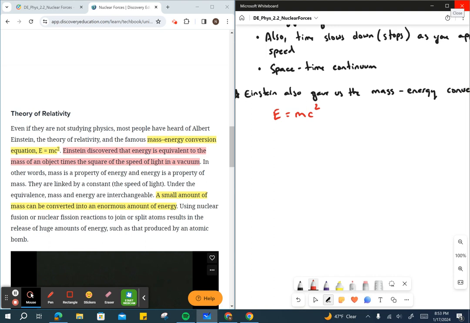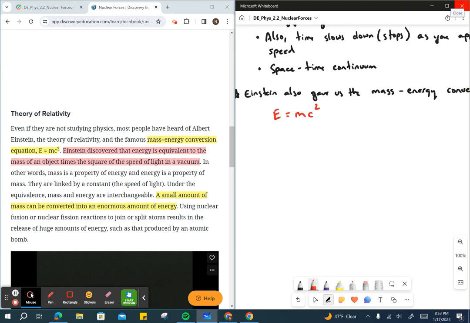Remember that the speed of light is 186,282 miles per second. It's like a massively large number. So you only need to multiply, and if you square that, that's even bigger. Multiply that times even a tiny bit of mass, and you're going to get a lot of energy because light is such a big number.